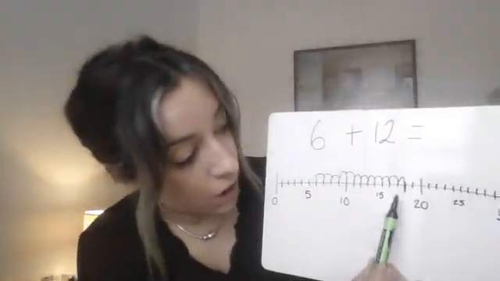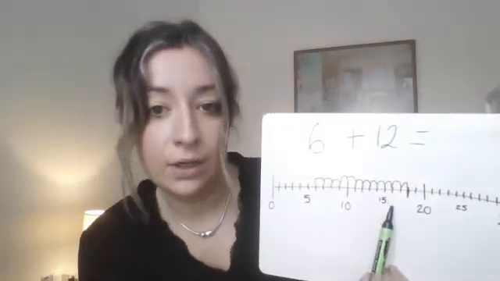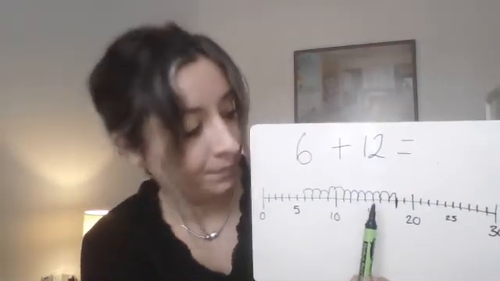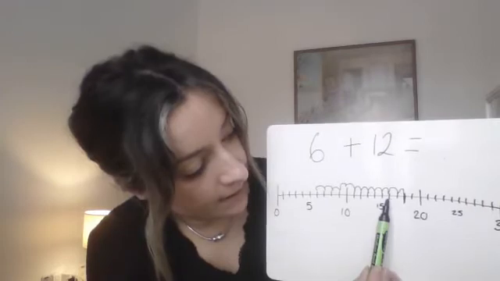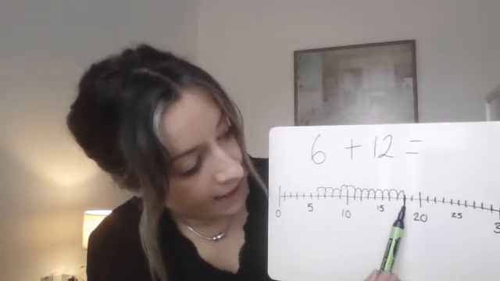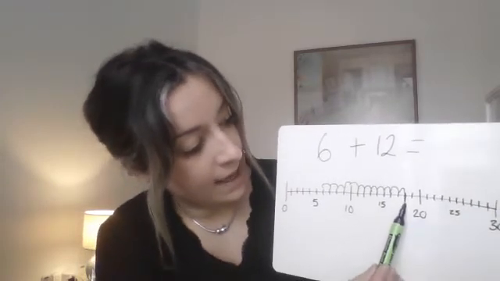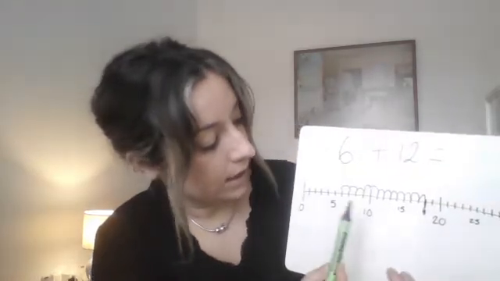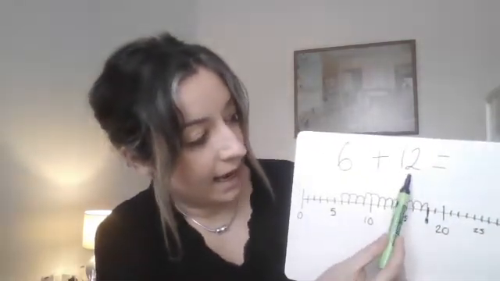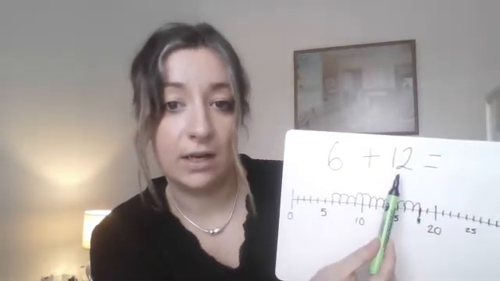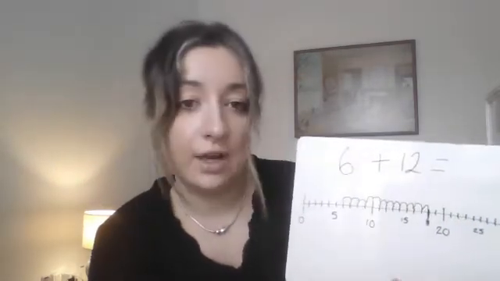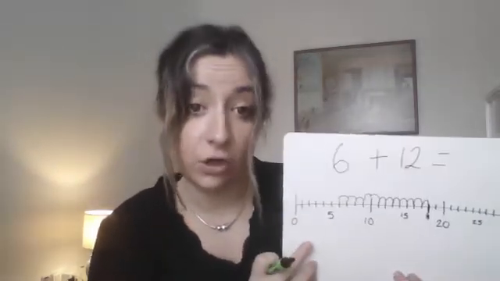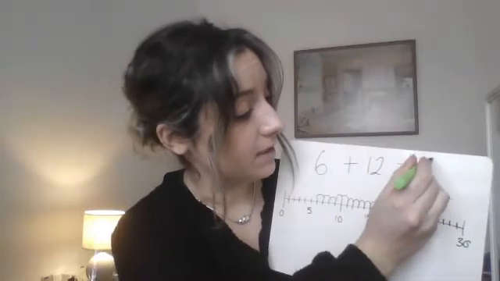I'm just going to count on until I get to that number. We've got 15, 16, 17, 18. 18 I've landed on. I started at 6, I added on 12, so I did 12 jumps, and I landed on 18. And 18 is the correct answer. So I'm going to put that in there.